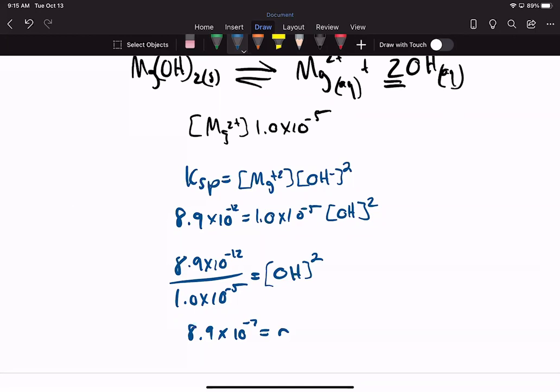If we want hydroxide, we need to take the square root of that, and our concentration is 9.4 times 10 to the minus 4.